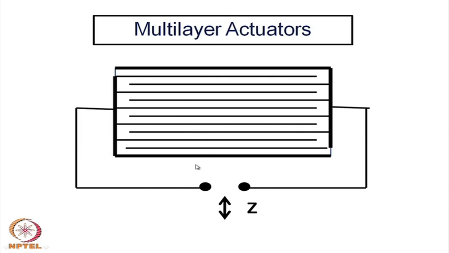Right. So, depending on the number of the layers, the actual actuating or the load bearing capacity of this will be very very high, or can be increased or decreased. So, this is another area where piezoelectric materials can be extensively used, actually, multilayer actuators.